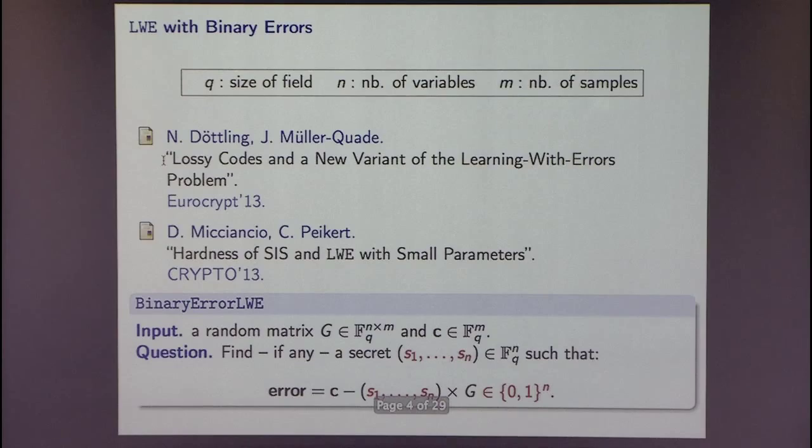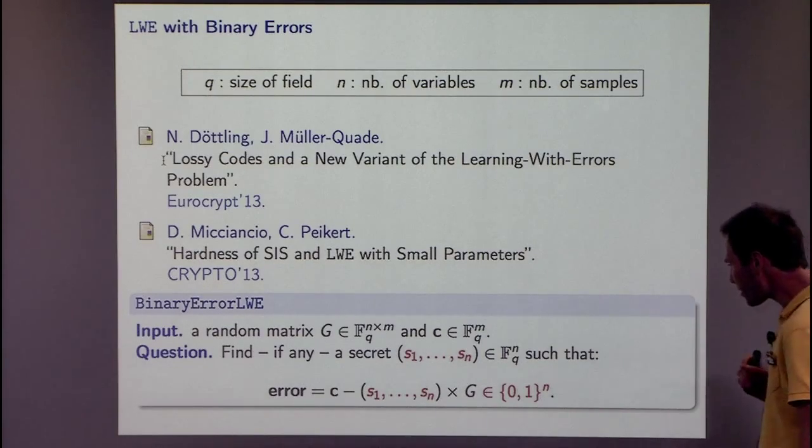So today, what I will consider is a simple version of this problem where the error is very small and uniform in an interval. I'm going to consider what is called the binary error LWE by Daniele and Chris.